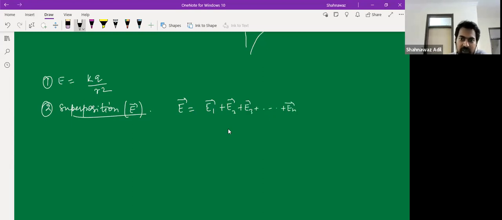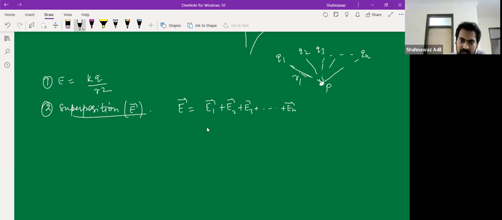So let's say what would be the respective diagram of that. Let's say this is Q1, this is Q2, this is Q3. We are calculating at this point, and this distance is R1.